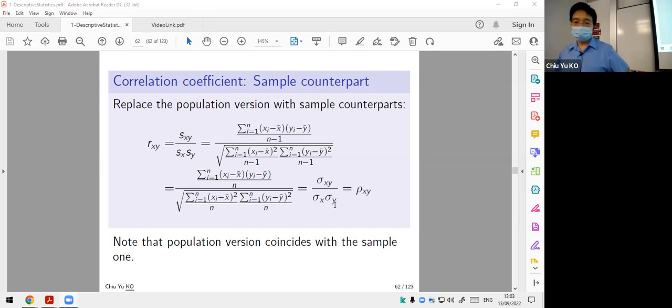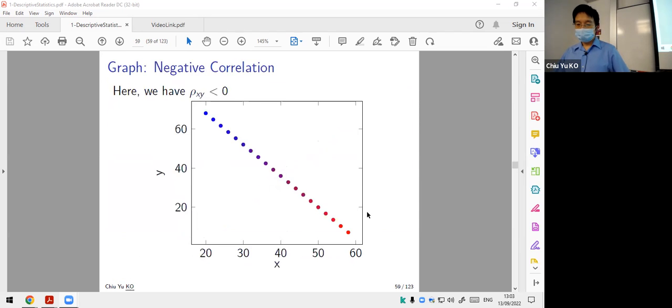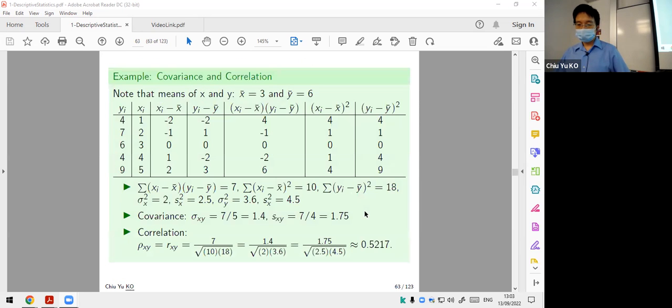So when you look at the Excel later, you will see there's no sample version for this. The reason is that in all the calculations, the division by n-1 cancels out, right? Same as before, because you can see here we don't have n, since everything is divided by n, they cancel out. You divide by n in this one, and in this one, and in this one. So there's no sample version for that. Okay.